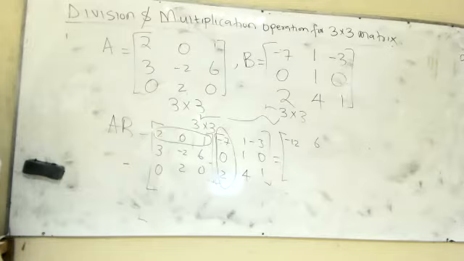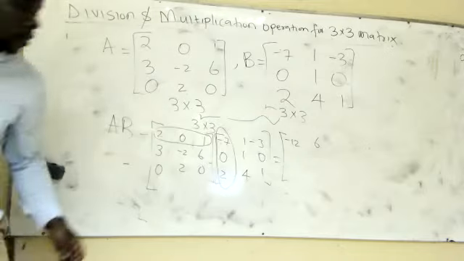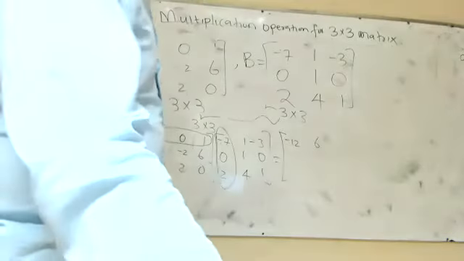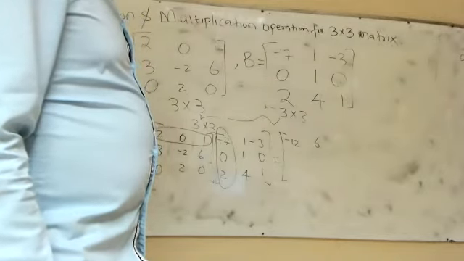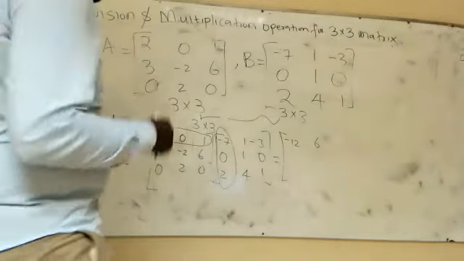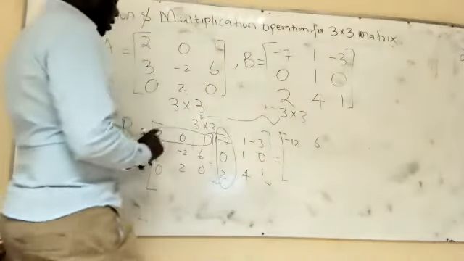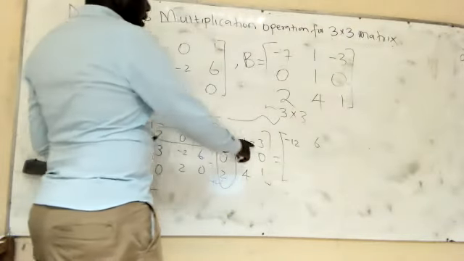Then it's row 1 with column 3. Yes. Minus 3 is minus 6. Then 0. Then 1. Minus 5.